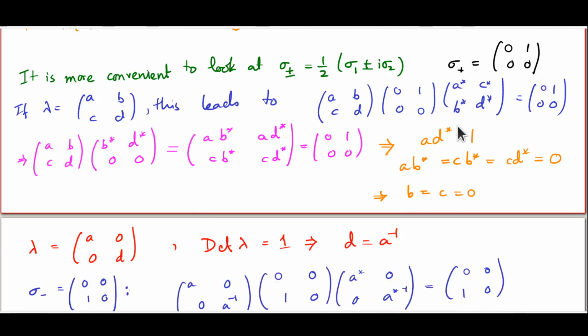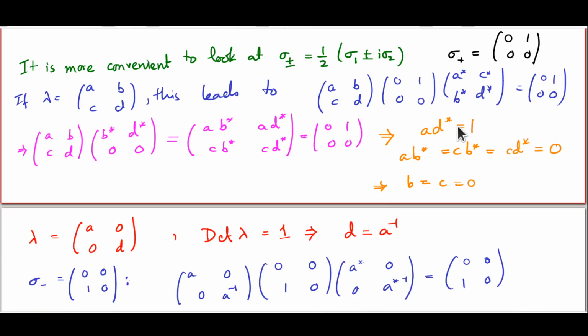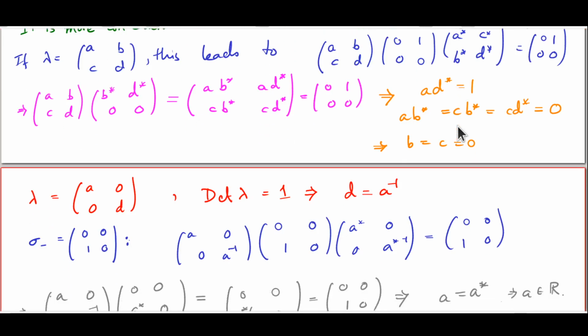Now let us look at the action of σ₋ on this. σ₋, of course, is (0, 0, 1, 0). And now that we know that we have our matrix λ of the form (A, 0, 0, A inverse), the adjoint simply becomes (A*, 0, 0, A* inverse). And the product is very easy to carry out.